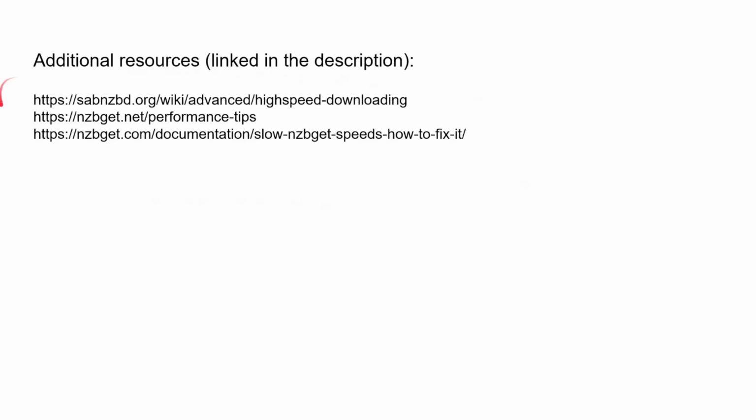I don't think you have to go through all of this from the get-go. Most people will simply install SAB or NZBGet and get maximum speed. I would personally do all of the things I've said in this video before you go further into those more advanced settings. But of course, if you can take a look, it's always good.